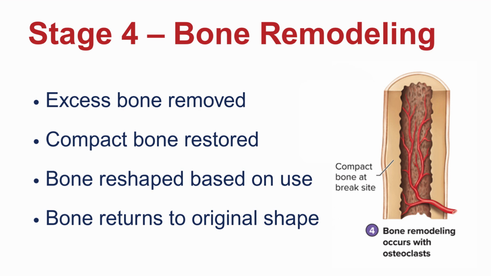Areas that experience more stress and weight bearing are strengthened by bone deposition, while areas that are used less may be resorbed. Over time, the bone regains its original shape, structure, and strength, adapted to the stresses placed on it. This process can take months to years, depending on the injury and overall health.